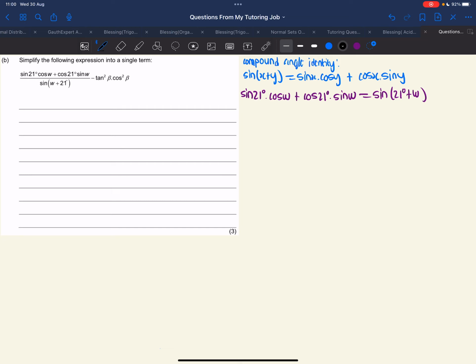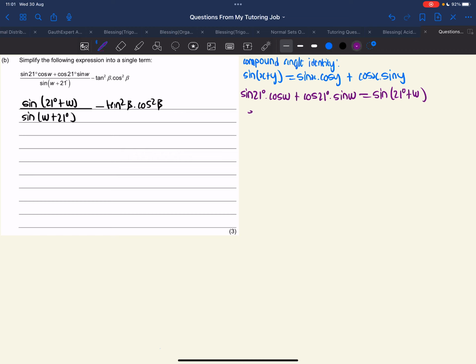So I'm going to say sine of 21 degrees plus w, and that is all over sine of w plus 21 degrees, then minus tan squared beta multiplied by cos squared beta.